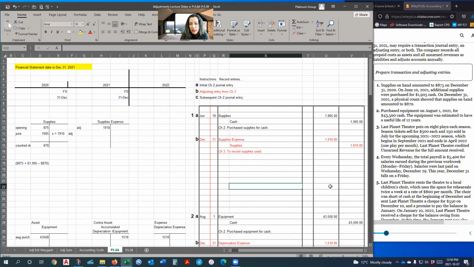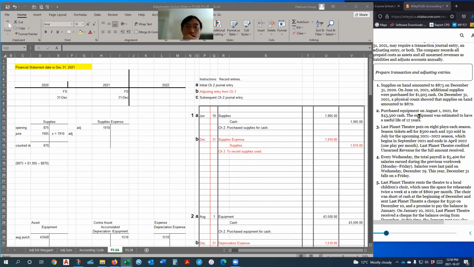Any questions on that? Sorry, teacher, question. Since at the end of this year we are doing some adjustment, on item 1A, on June 10, this item should already be in the general ledger, right?